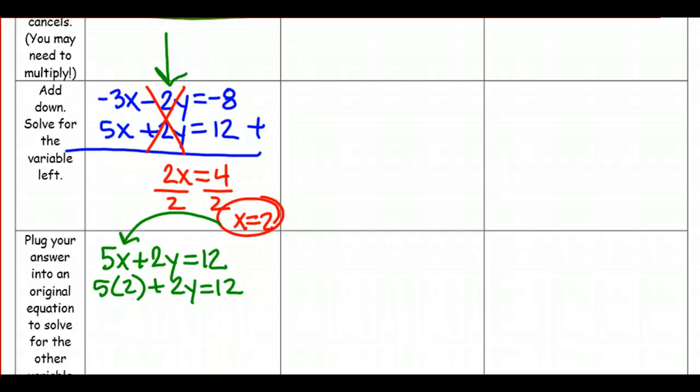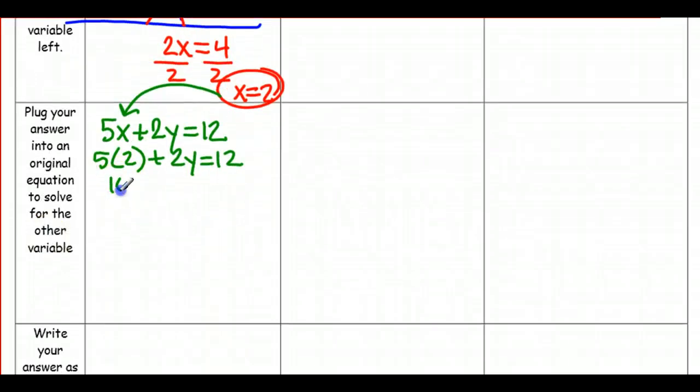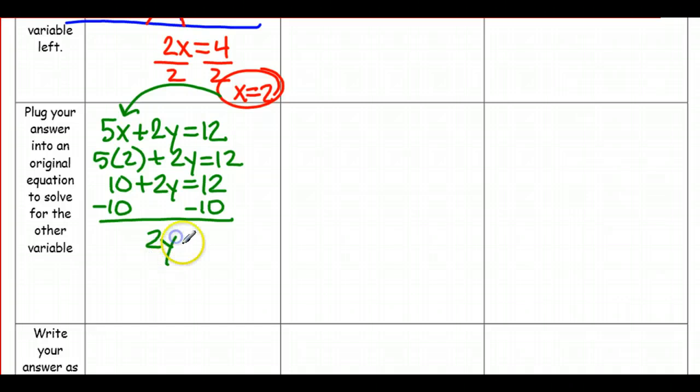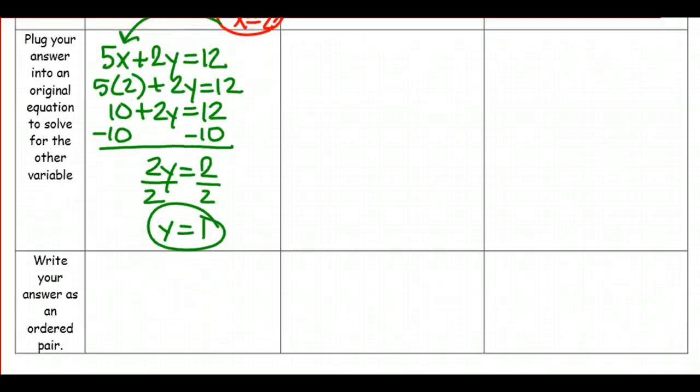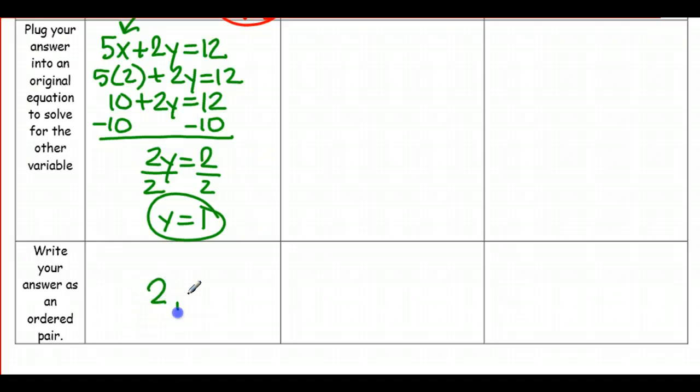And let's scroll down just a little bit. 5 times 2 is 10 plus 2y equals 12. Subtract 10 from both sides of your equation and you get 2y equals 2. Divide both sides by 2 and we get that y is 1. So the solution to this linear system is 2, 1.